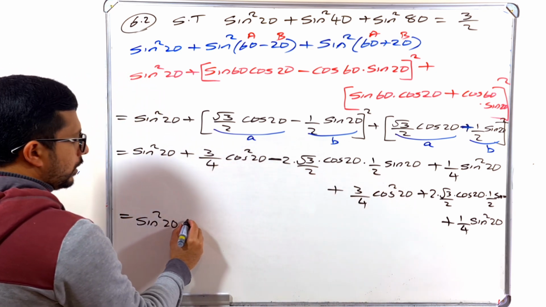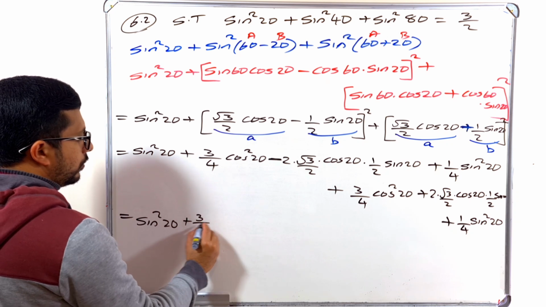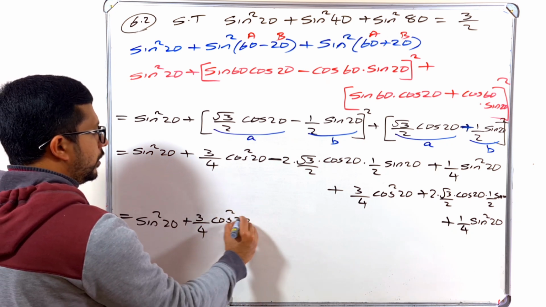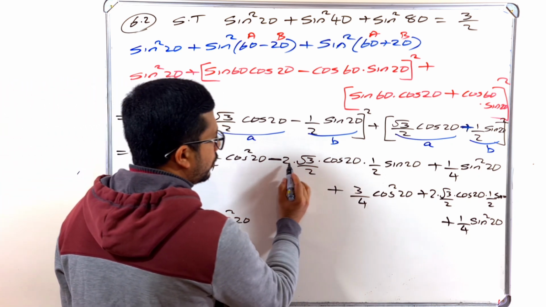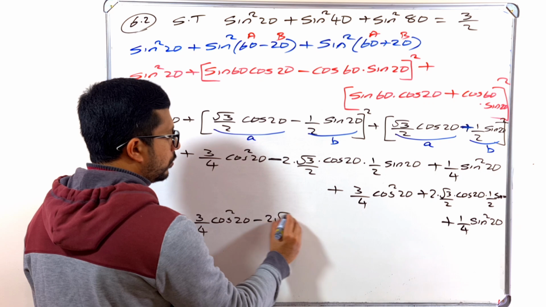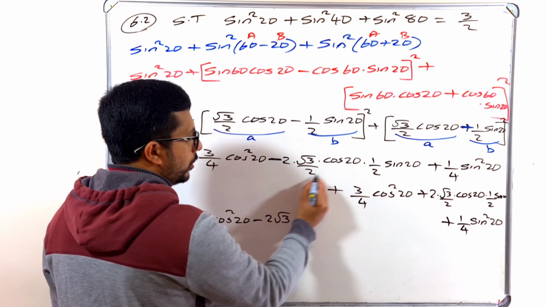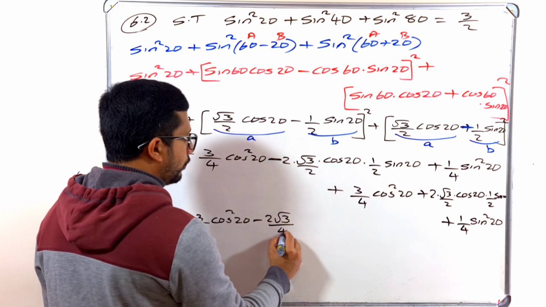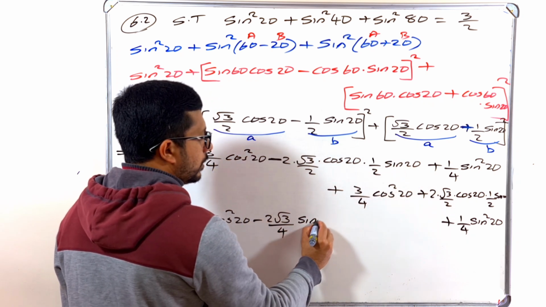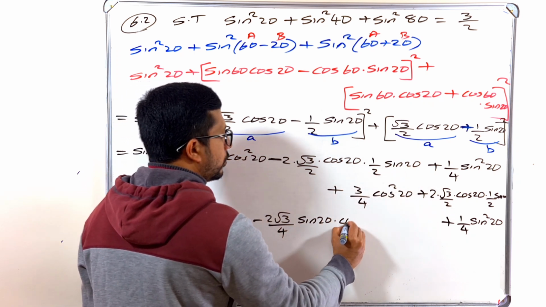So it is 3 by 4 cos square 20. Now what is this one? 2 root 3 into 1, that is minus 2 root 3, then 2 into 2 is 4, so minus 2 root 3 by 4 sine 20 cos 20.